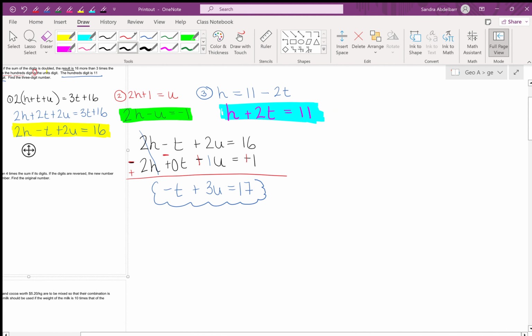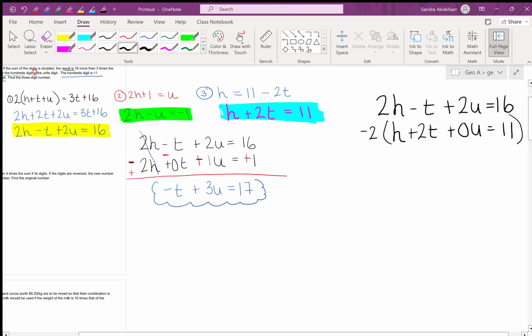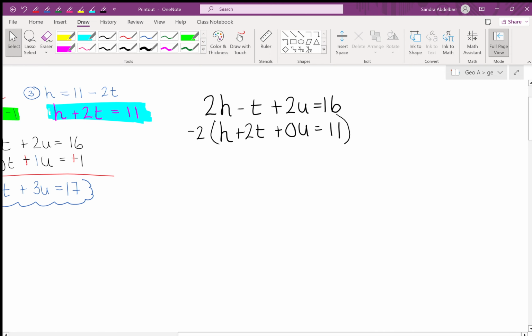So now we have 2h minus t plus 2u equals 16, and h plus 2t plus 0u equals 11. I'm going to multiply the whole bottom equation by negative 2. So the top equation stays the same, 2h minus t plus 2u equals 16.